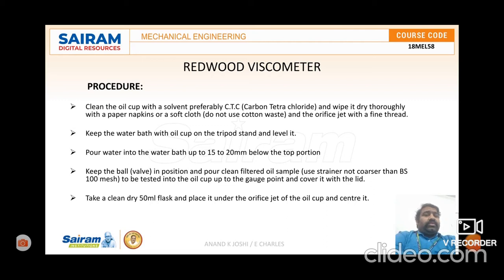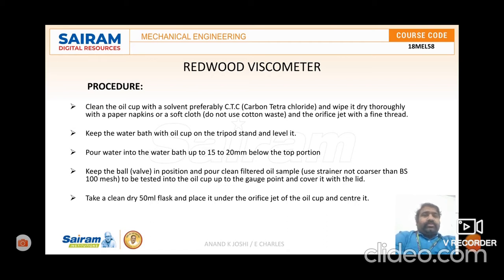We use CTC for cleaning, and wipe it dry thoroughly with paper, cotton napkins or a soft cloth. Do not use any waste cloth. We have to clean the cup and the orifice jet very delicately, with the fine thread.